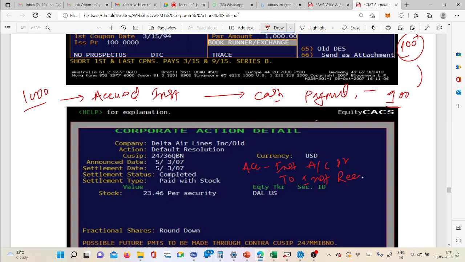For the reversal, interest receivable account debit to accrued interest.